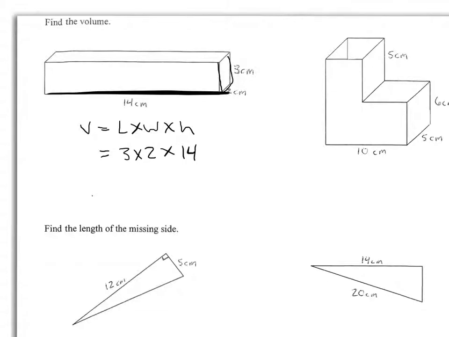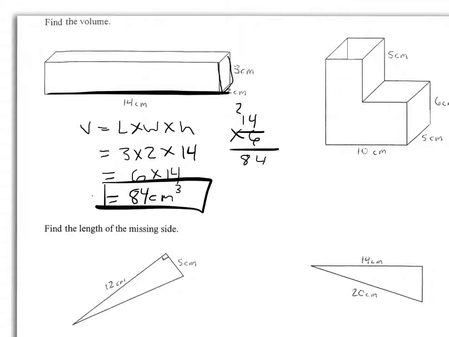It doesn't really matter which one we label as which, because multiplication is commutative. 3 times 2 is 6, times 14. 14 times 6 is 4, carry the 2, is 84. So we get 84 centimeters cubed since we're talking about volume.